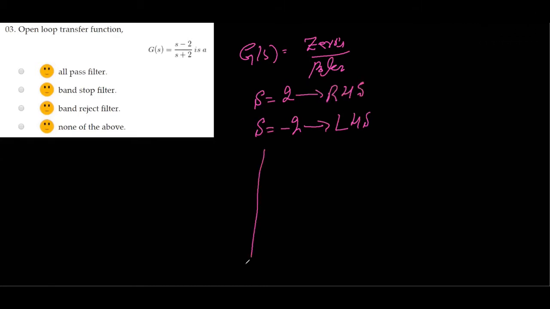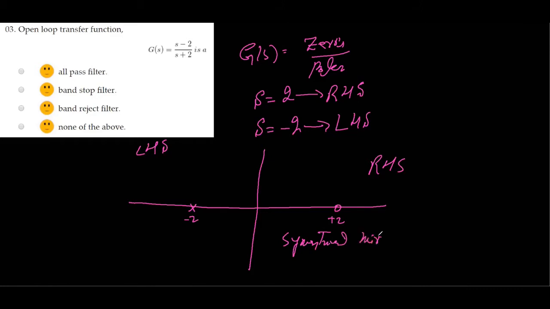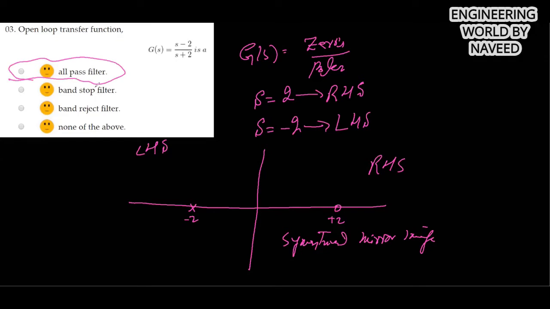Here the pole is at minus 2 and the zero is at plus 2 position. So these denote a symmetrical mirror image. So the given open loop transfer function denotes an all pass filter, because it gives you a symmetrical mirror image.